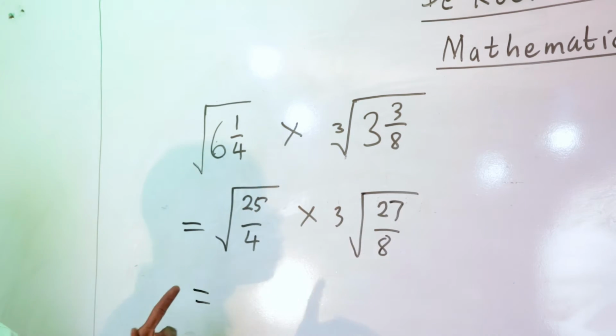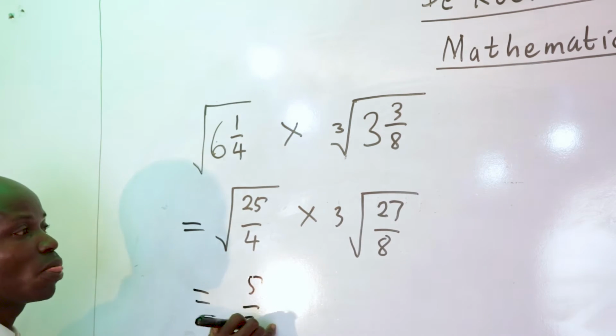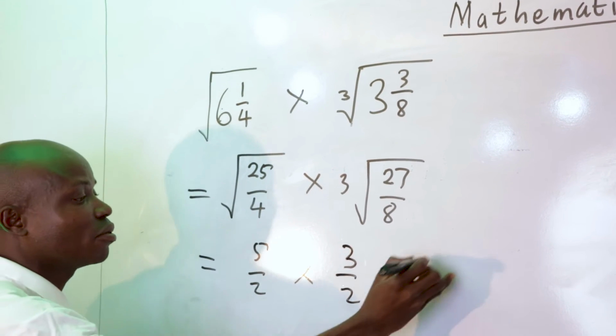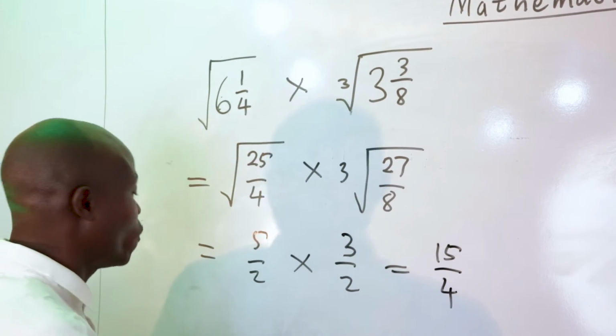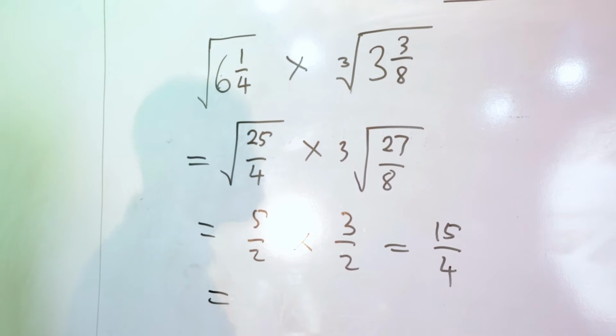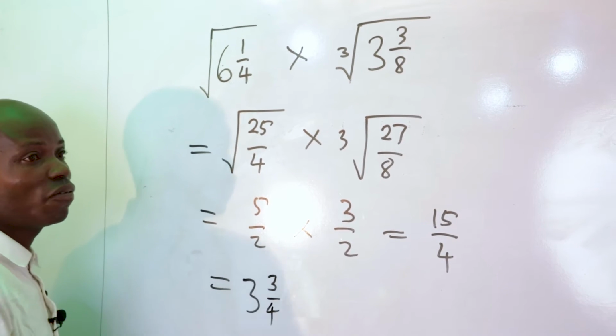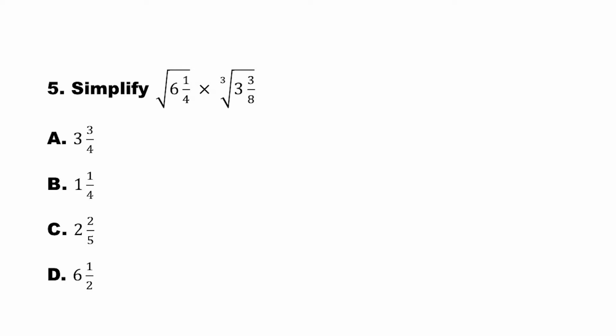The square root of 25 over 4 gives us 5 over 2, multiplying the cube root of 27 over 8, which is 3 over 2, and the result gives 15 over 4. Converting that to a mixed fraction, the result gives us 3 whole number 3 over 4. Among the options, the correct option is A, which is 3 whole number 3 over 4.